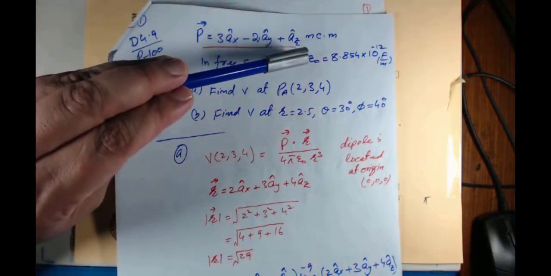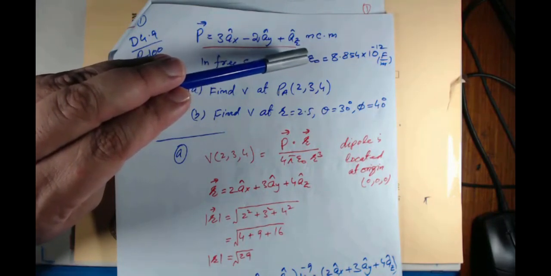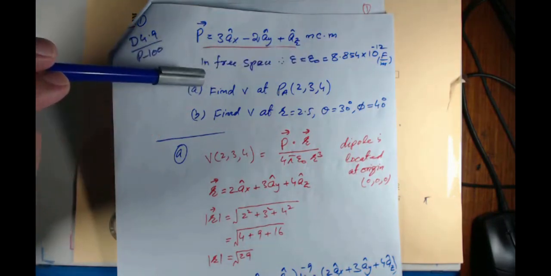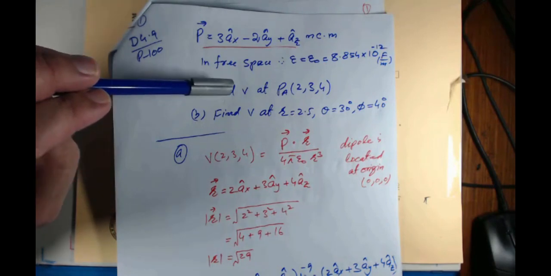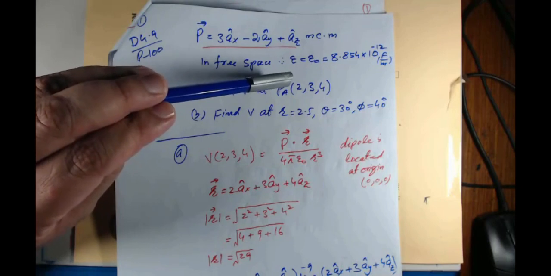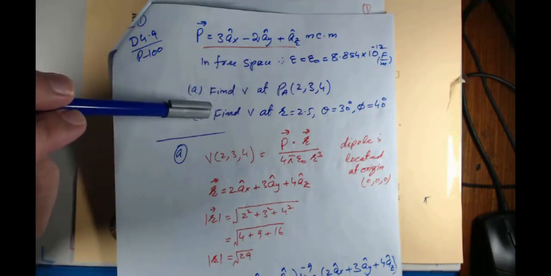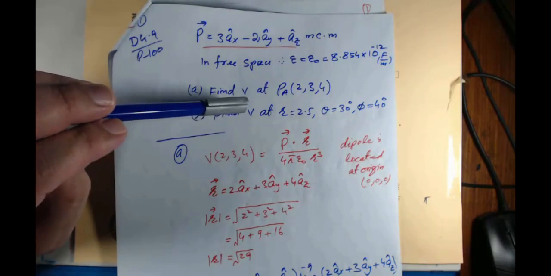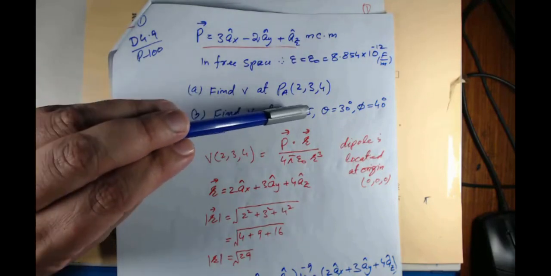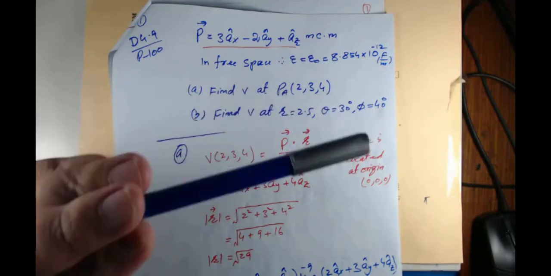The permittivity of free space is given by 8.854 into 10 power minus 12 farad per meter. We are asked to find the potential at point P, and the coordinates of point P are 2, 3, and 4. We are also asked to find the value of potential at r equal to 2.5, theta equal to 30 degree, and phi equal to 40 degree.